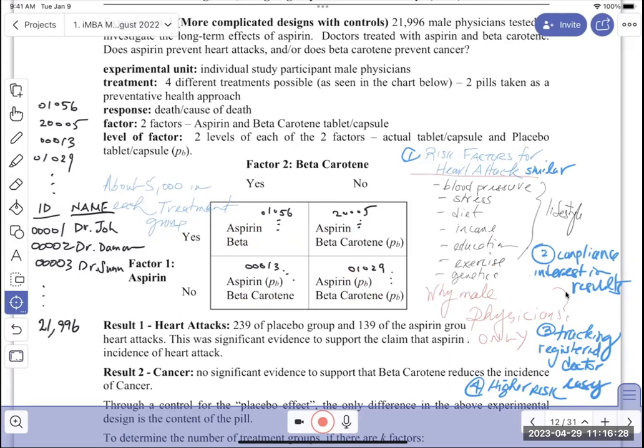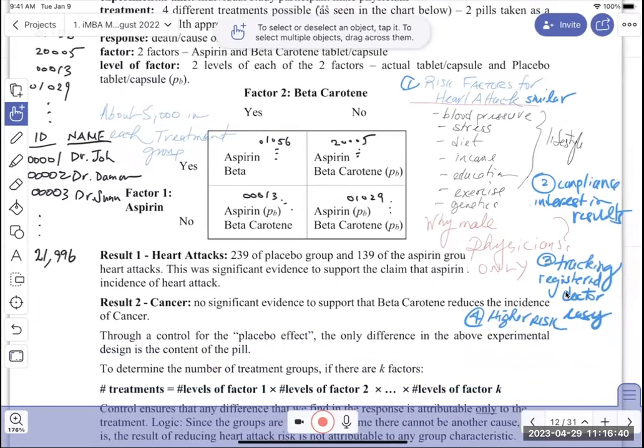Okay, so what did we find? Oh, I covered up my statement here. So we found that in the end, comparing this group of 10,000 against this group of 10,000, after 5 or so years, 239 of the placebo group died of heart attack, and 139 of the aspirin group died of heart attack.